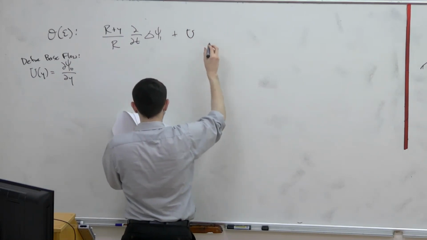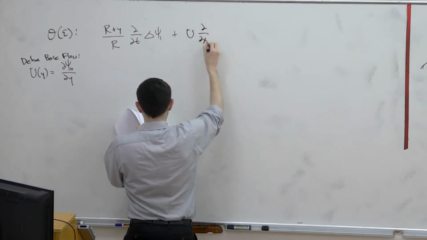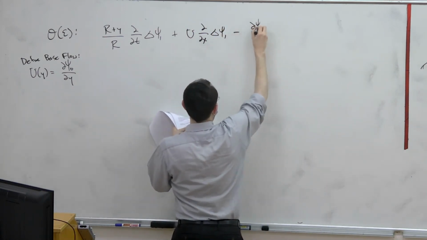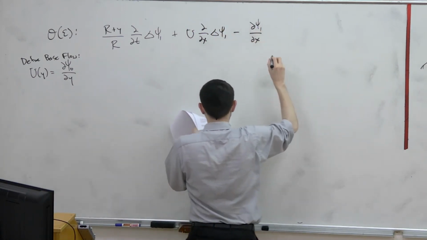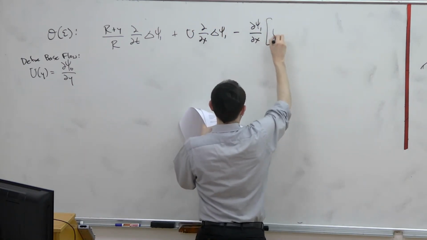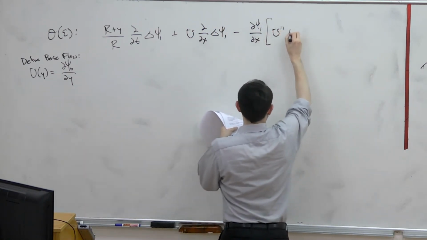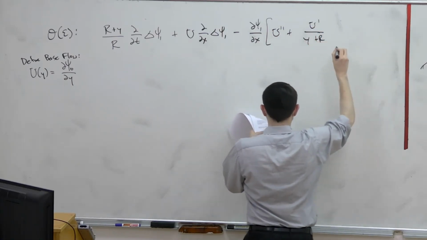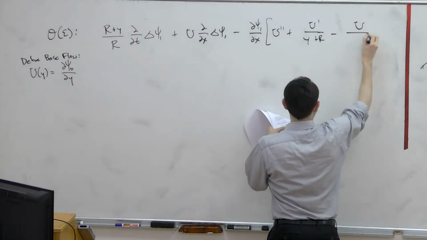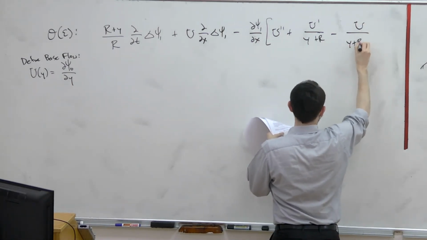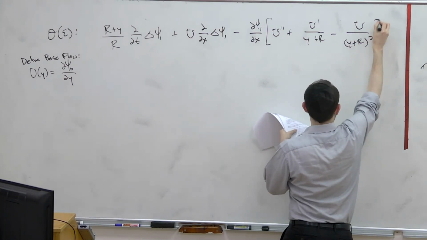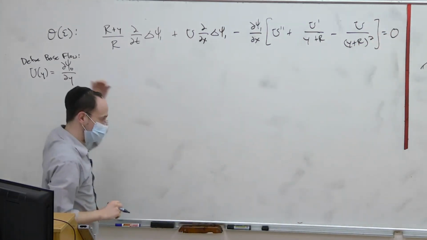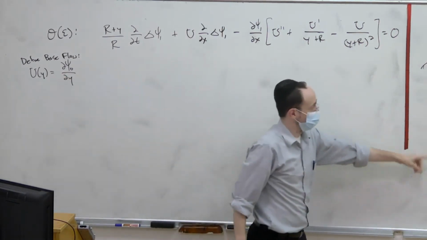So this is times u d/dx of the Laplacian of psi 1, minus d psi 1 dx times (u double prime minus u prime over y plus r, minus u over (y plus r) squared), equals 0. So this is the result of these four steps.